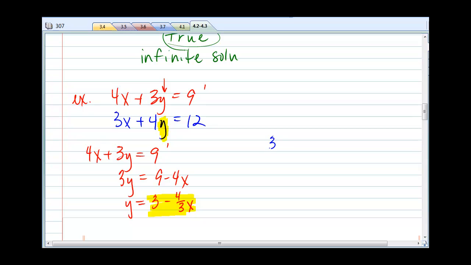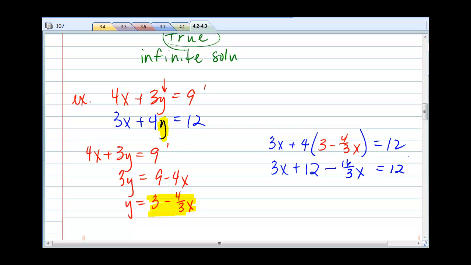We have 3x plus 4 times my substitution part, 3 minus 4/3 x, equals 12. So I just need to simplify this a lot further. We have 3x plus 4 times 3 is 12, minus 4 times 4 is 16 over 3, x equals 12.